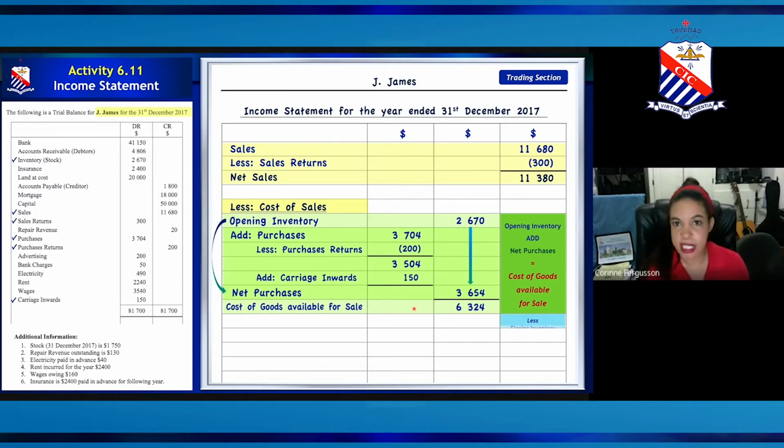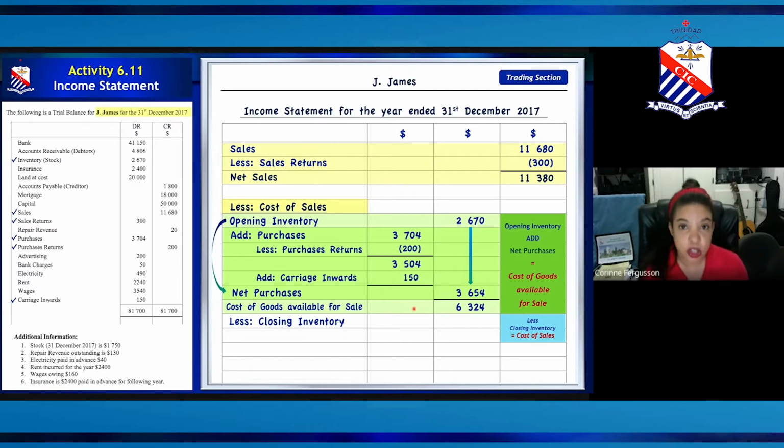So we move on to the next step, which would be you now have to less your closing inventory, and that is the final step for you to be able to get your cost of sales. So after you have that long word, cost of goods available for sale, don't think you have finished, which a lot of people think they have. You still have one more thing to do, which is to less your closing inventory.